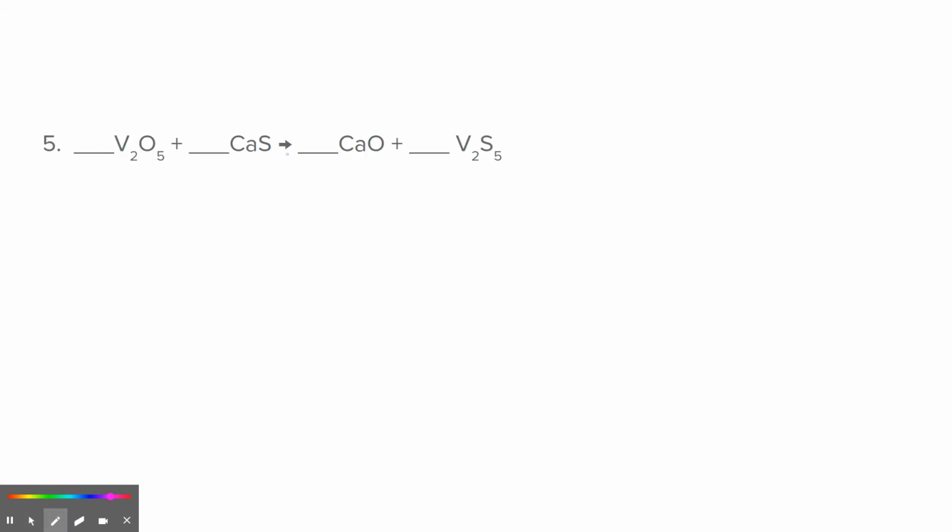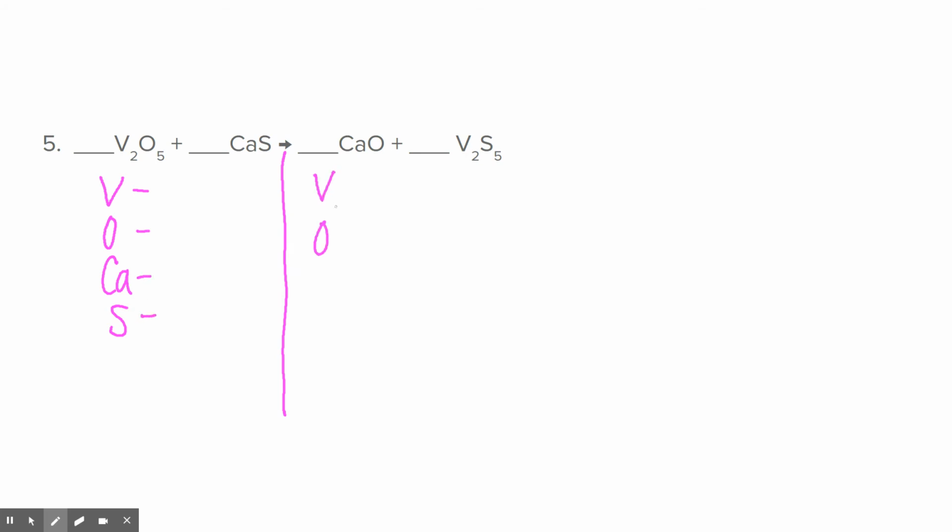For example number 5, we're going to draw our line, write our elements. Count them. Okay. First thing I notice is that my oxygens do not match.